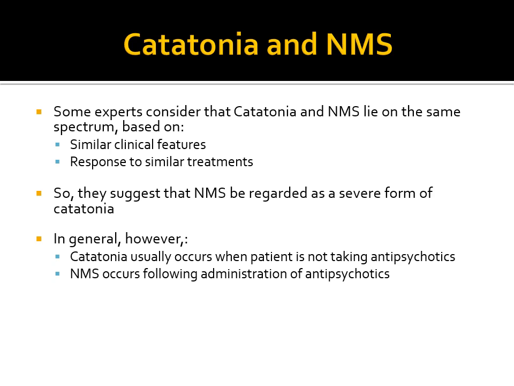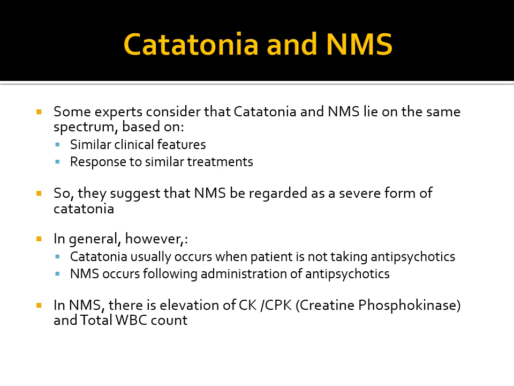In general, however, catatonia usually occurs when the patient is not taking antipsychotics, whereas neuroleptic malignant syndrome occurs after the administration of antipsychotics. In neuroleptic malignant syndrome, there is elevation of creatine phosphokinase and the total white cell count.